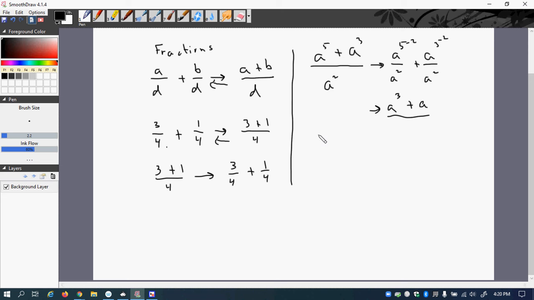Let's do another one. Let's say it's 5x to the 4th power plus 10x, and that's all divided by 10x. We separate it into two fractions. And then we simplify.